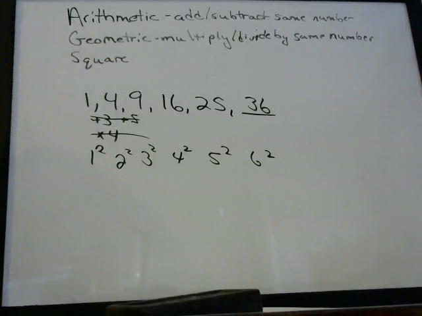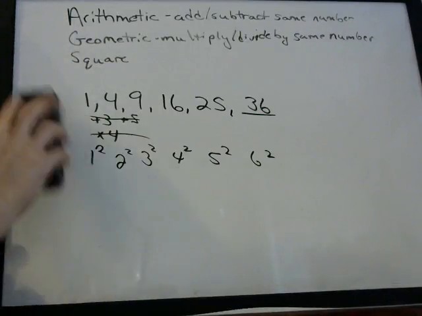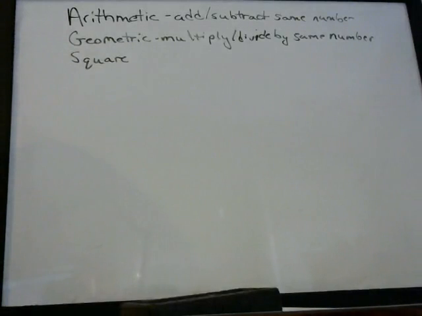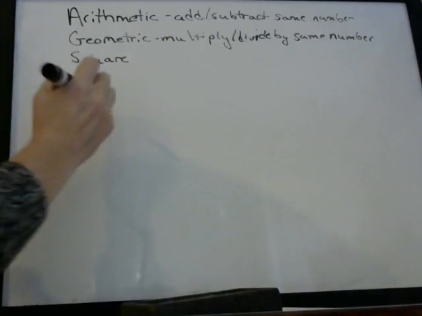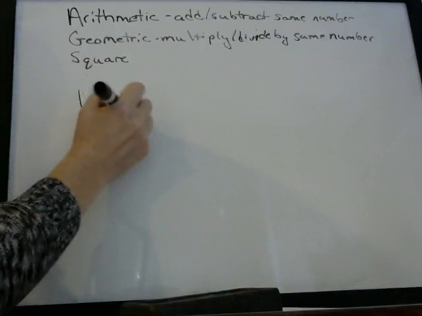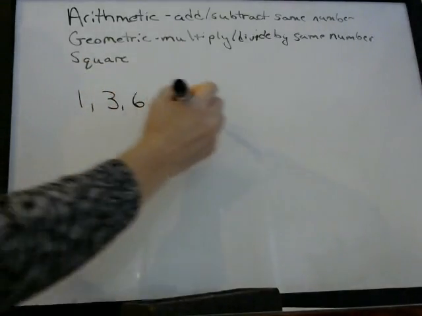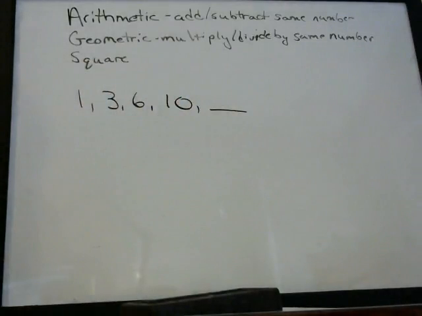But sometimes they won't be that straightforward, and you're going to have to look for the pattern. And for these, you're just going to have to try and think logically. Let's say you have this, 1, 3, 6, 10. What's the next number in the sequence? Well, first thing we're always going to do is, is it arithmetic?